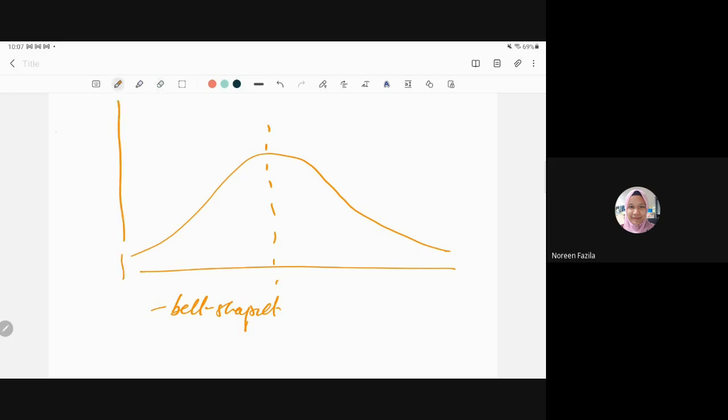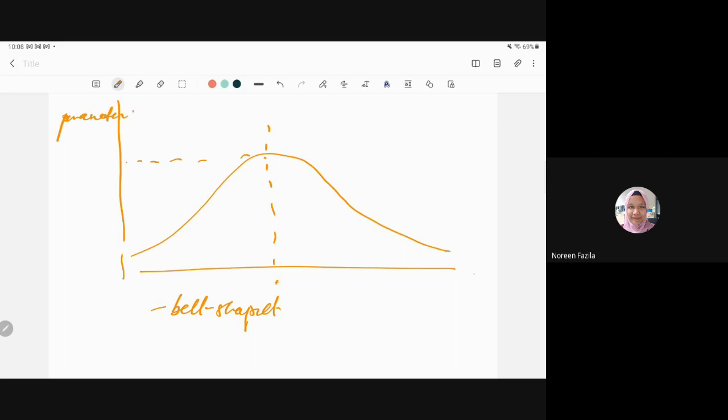Okay, so this is the normal distribution. The high point is in the middle, in any parameter, the height or the weight or anything.